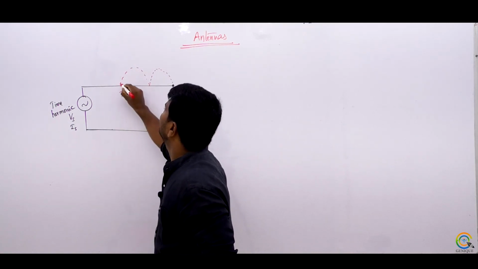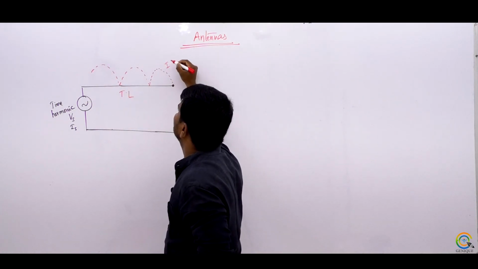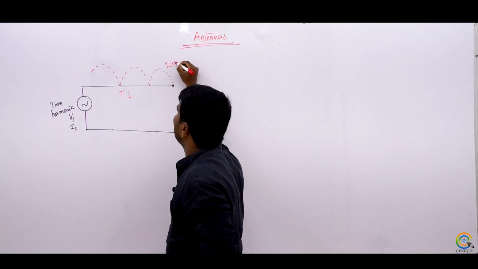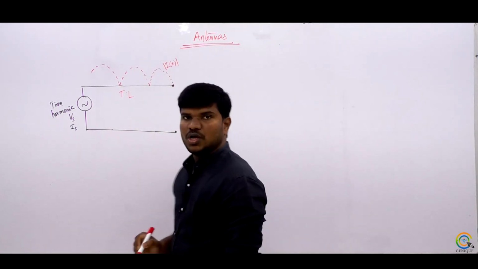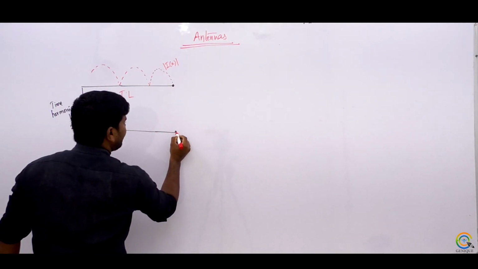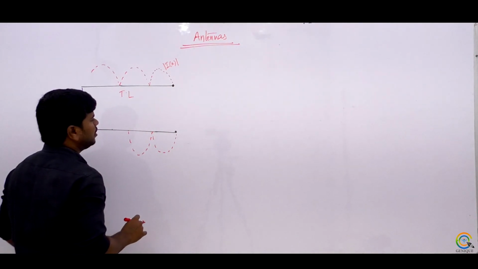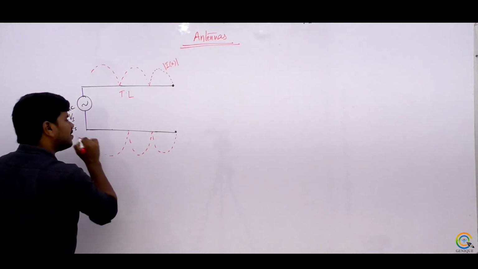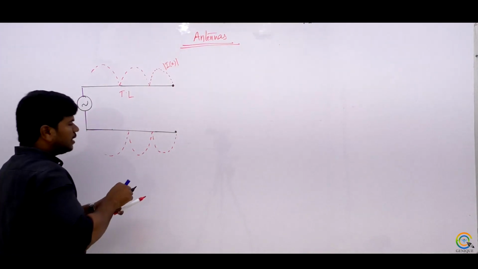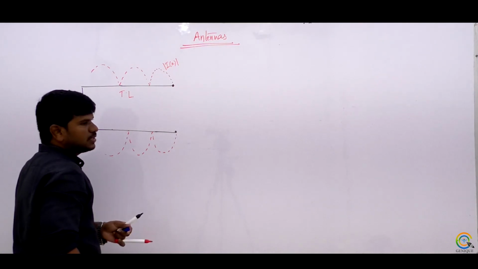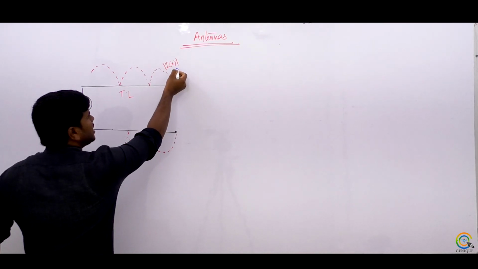I have drawn it for current only, mod I of x. Here also you will get the current standing wave. Similarly, you will get the voltage standing waves also. How? Wherever there are current minimas, there exist voltage maximas.